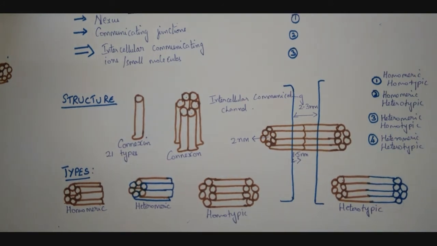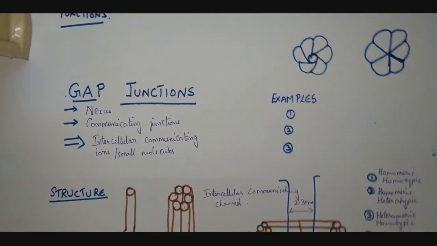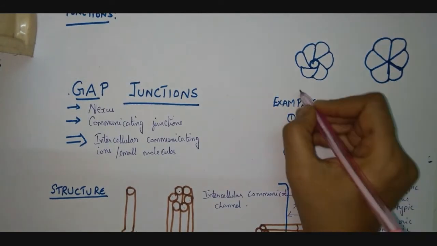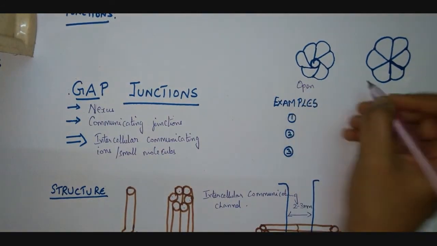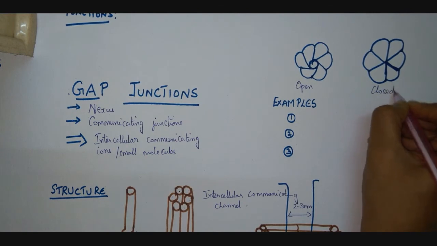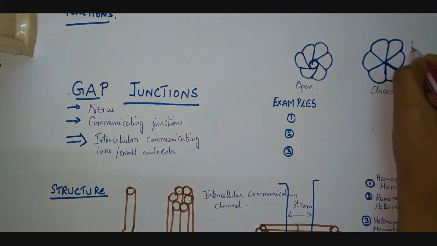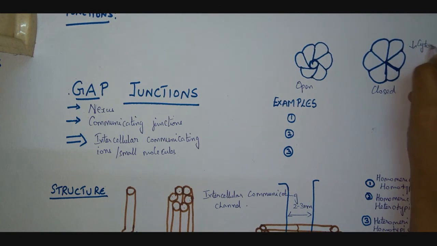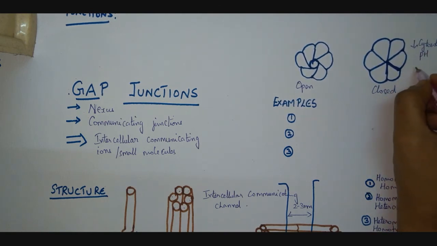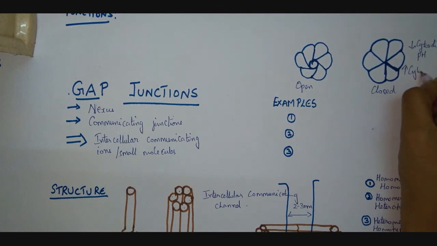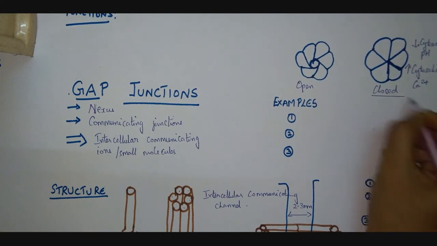Another thing, the gap junctions can either be open or closed. What is the mechanism suggested for the opening and the closing? When the cytosolic pH is reduced, or when the cytosolic calcium is increased, they remain closed.